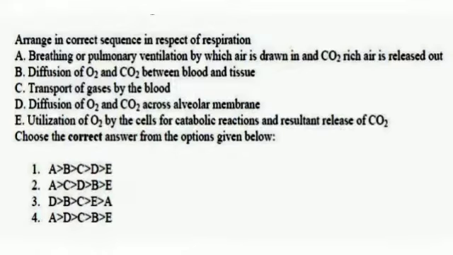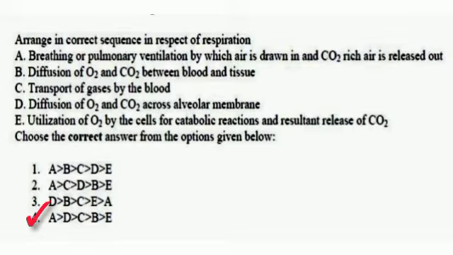In the next question, arrange in correct sequence in respect of respiration. And from the options given below, the right one is option 4. So the correct sequence is breathing or pulmonary ventilation, by which air is drawn in and CO2-rich air is released out.